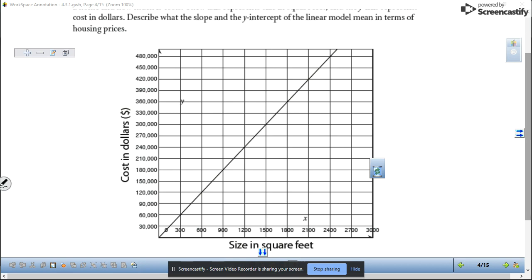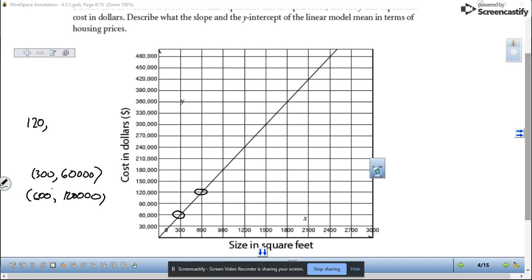So I'm going to focus on these 2 points that we have here: 300, 60,000 and 600, 120,000. So I'm going to write those 2 points down. Okay, so do my change in y over change in x.